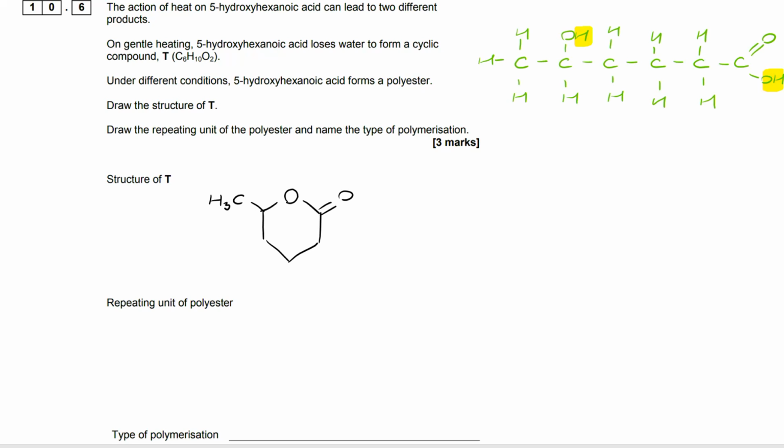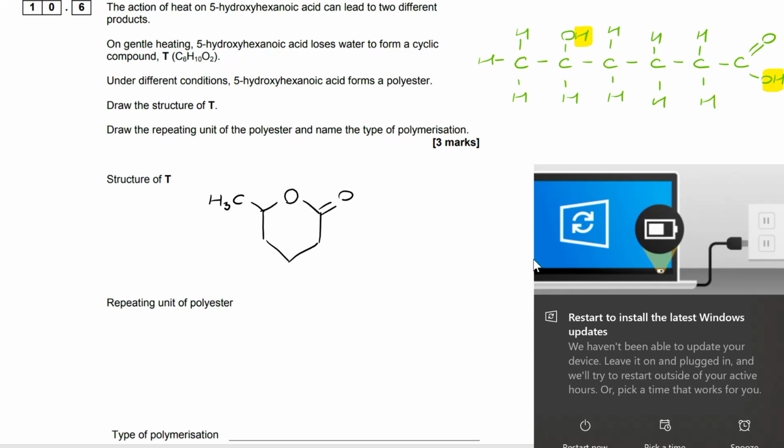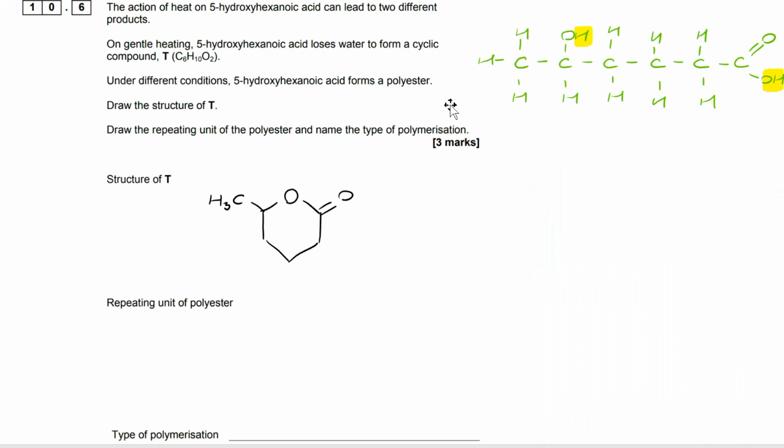So, I'm going to start off by drawing out the 5-hydroxyhexanoic acid so we can try to understand where we're going to get this condensation. And on this particular example, I can see that I've got the OH on the acid, which I'm going to lose, and I've got the H on the OH in the alcohol that I'm going to lose.